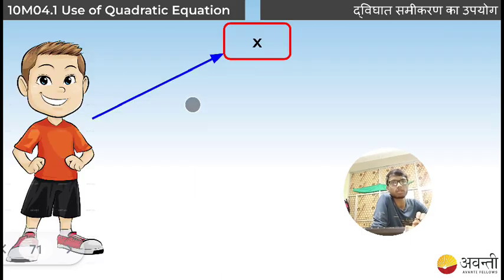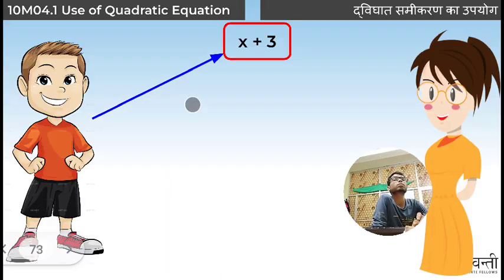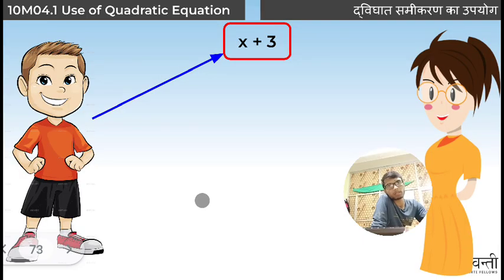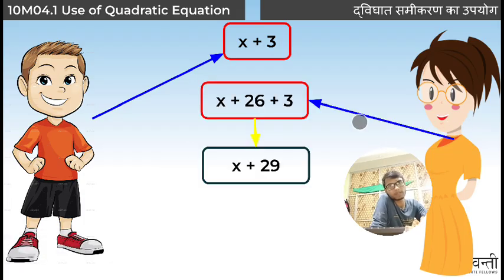This is a puzzle. x plus 26. We are considering this x for Rohan's age, and x plus 3 after 3 years, and here we will add to this 26 plus 3. 26 plus 3 will become 29.